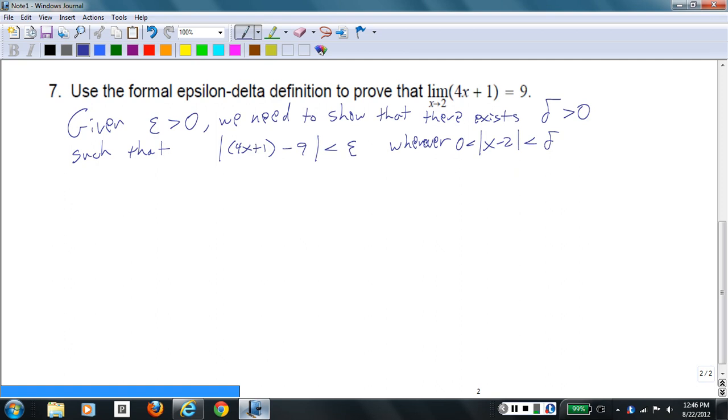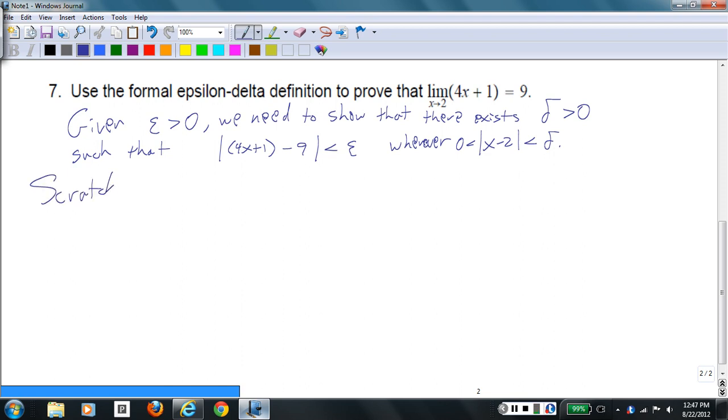So the 0 is less than really is not going to come into play all that much. But what it's saying is that this doesn't have to be true exactly at x equals 2. It just has to be true when x is really, really close to 2. But it turns out not to come into play very much for the examples that we consider in this class.